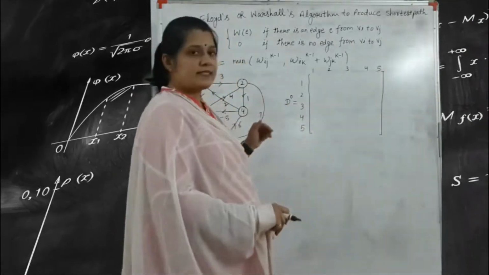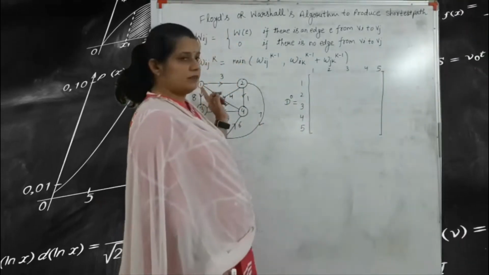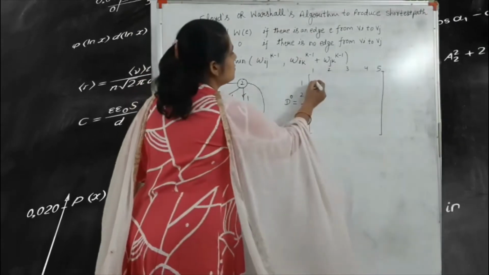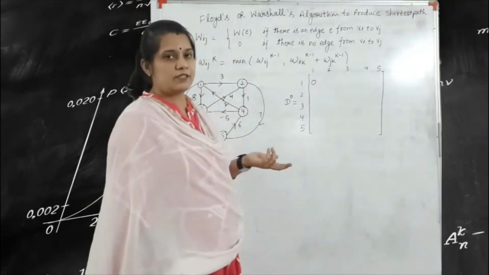So let's start. 1 to 1 we always write 0, because the total distance is 0.